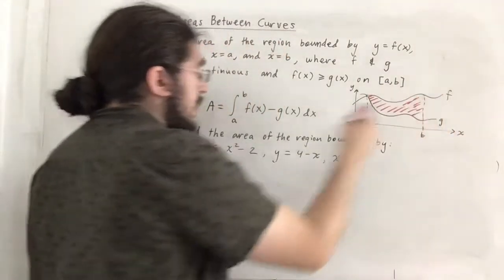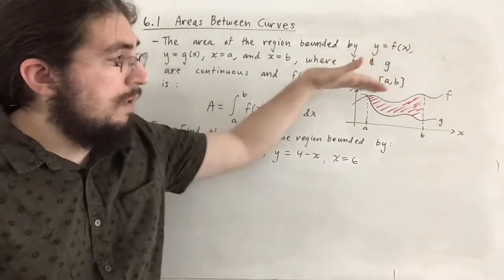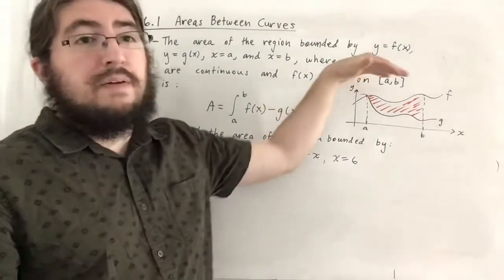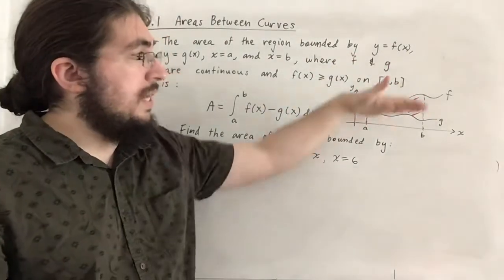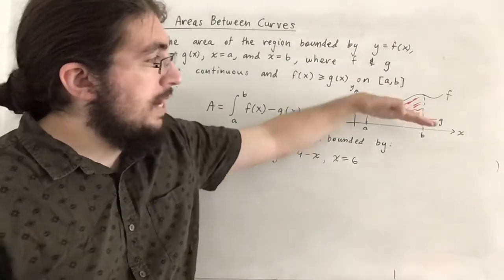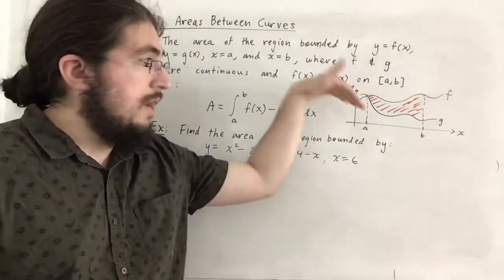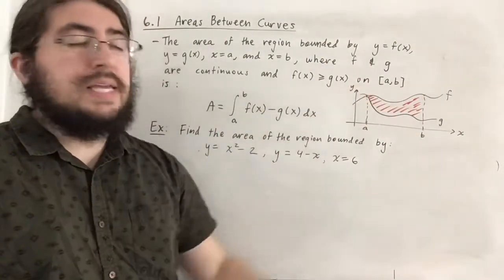Now I've given it to you, and clearly it's the case because since f of x is above g of x, the integral of f of x dx from a to b is the whole area up to the x-axis. The area in white here below the red shaded is just the integral of g of x, which is the area below the curve g up to the x-axis.